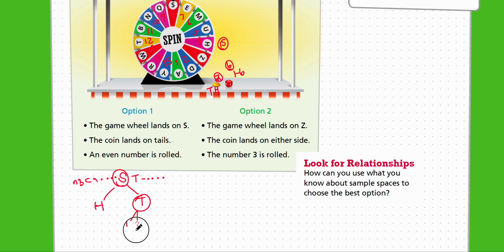Not 1, but 2. Not 3, but 4. Not 5, but 6. Right? So either 2, 4, 6. So we have 3 different outcomes that are possible for option 1. So 3 winning combinations.